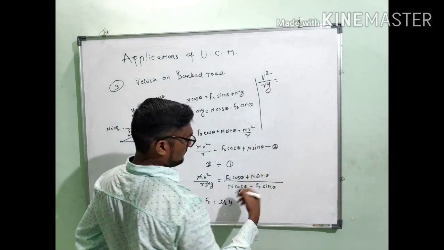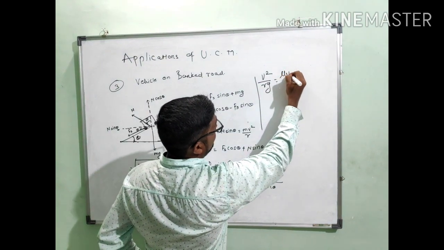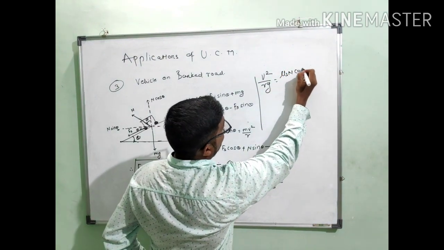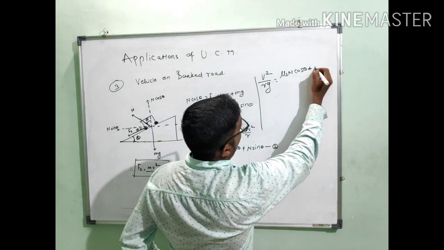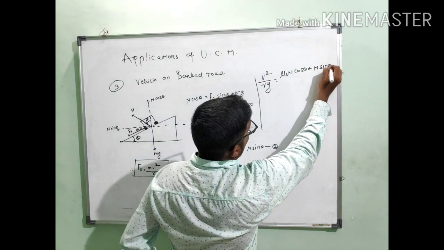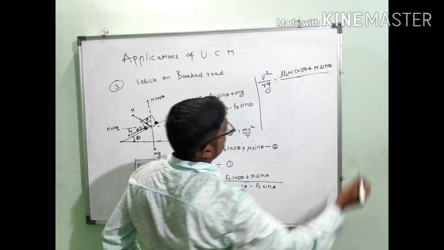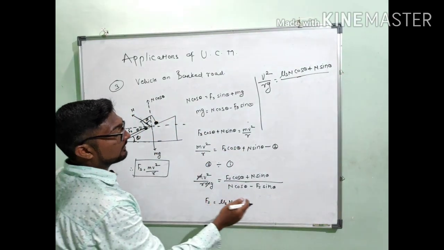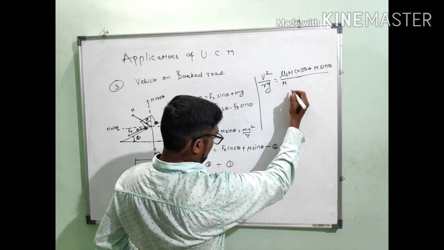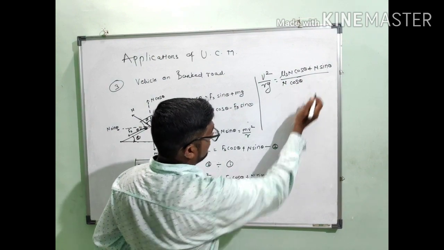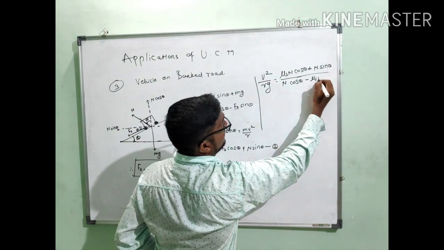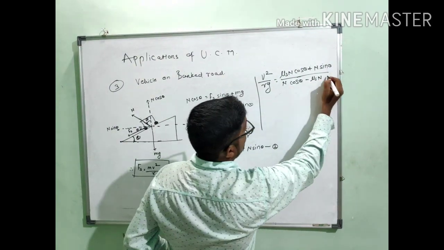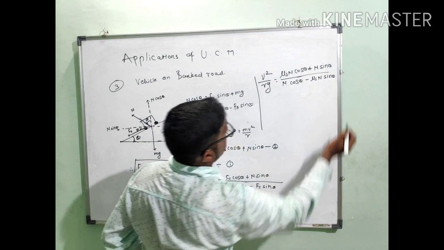So mu s N cos theta plus N sin theta, divided by N cos theta minus mu s N sin theta.